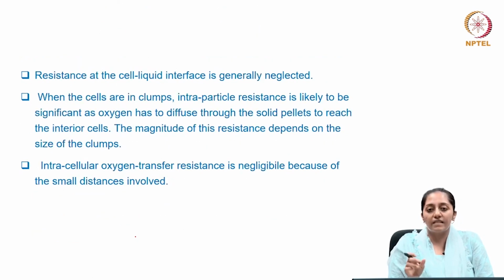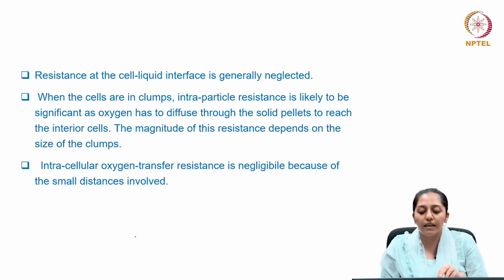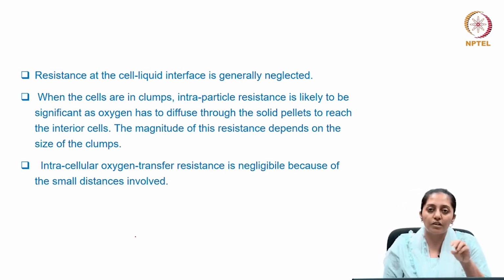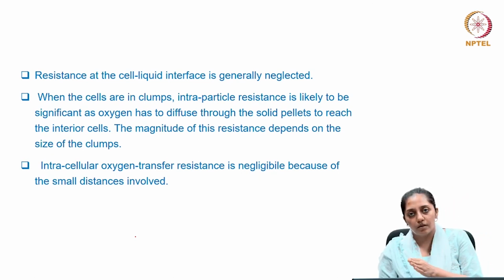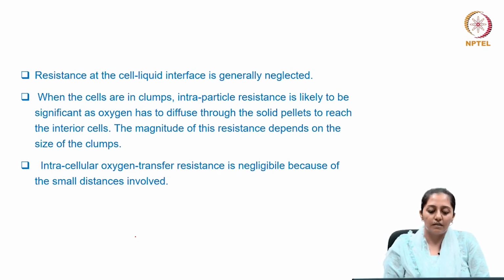So, resistance at the cell liquid interface is generally neglected in microbial fermentations which are uniformly suspended and homogeneous in nature. When the cells are in a clump, the intraparticle resistance is likely to be significant, as oxygen will have to diffuse from the surface to the inside of the pellet, till it reaches the reaction center or the cell surface. So, it has to diffuse through the solid pellet to reach the interior cells.